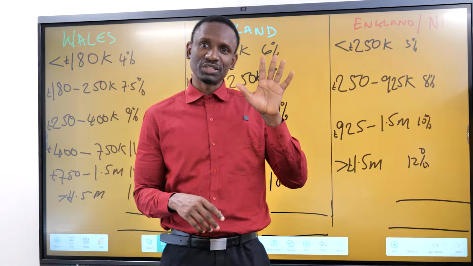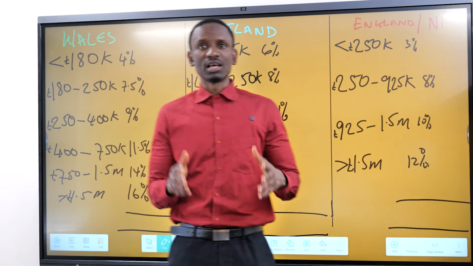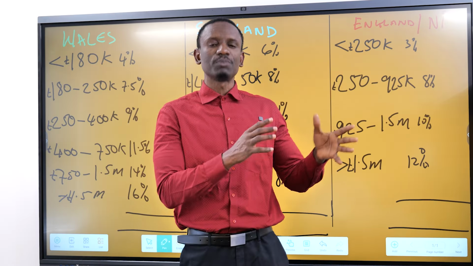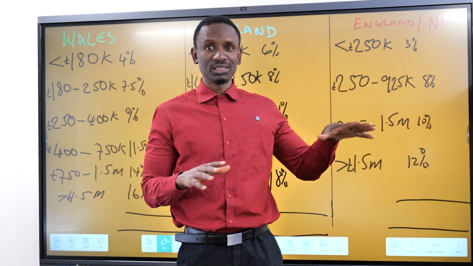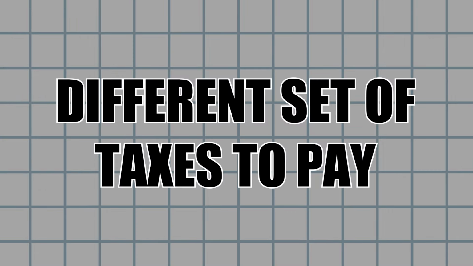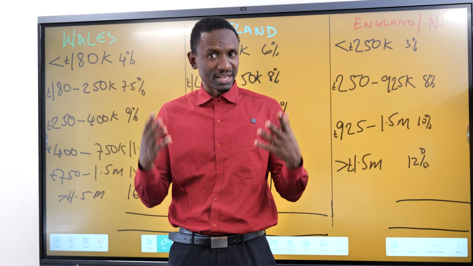You see, in order for you to invest in the UK, you are going to be asked to pay tax. So any property you buy in the UK for investment purposes, you'll be required to pay tax. And each country or region within the UK has a different set of taxes to pay, and they tend to call it differently as well.